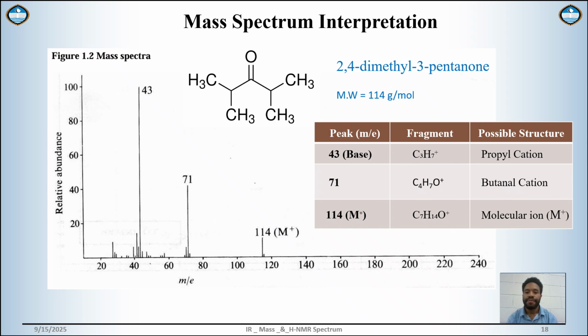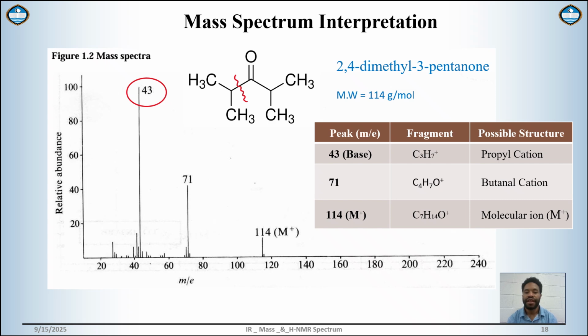The first fragment occurs at C3H7+, and its possible structure is the propyl cation. Its mass-to-charge ratio is 43, and it is also known as the base peak, which has a relative abundance of 100%.